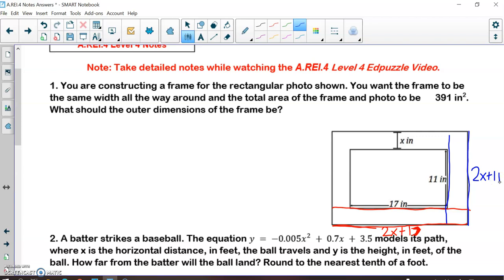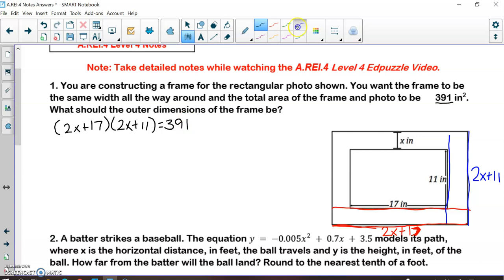And I want the area of that whole big rectangle because that would be the area of the frame and the photo combined, which we want to be 391. So if I take my length, which is that 2x plus 17, and I multiply by my width, which is a 2x plus 11, that would give me the area, which is 391.